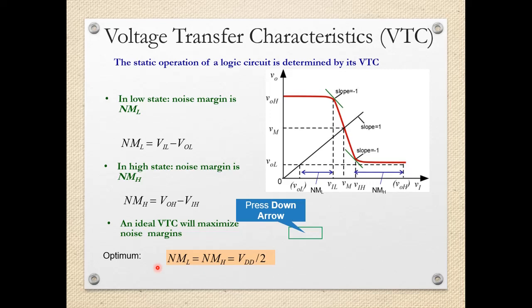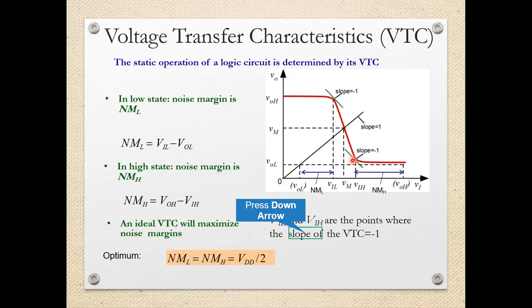An ideal voltage transfer characteristic will maximize the noise margin. So this noise margin optimum value is... VIL and VIH are the points where the slope of VTC is equal to -1. So this is your VIL and this is VIH.